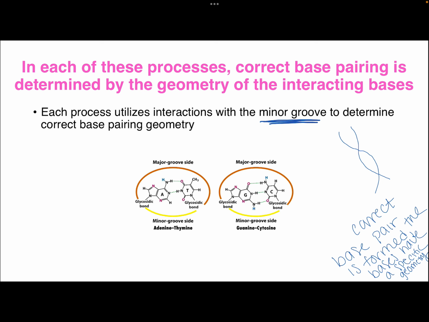What needs to happen is that these hydrogen bond acceptors I'm circling here have to end up in those exact positions. There's very specific positions that they have to be in order to have the proper interactions with the proteins involved in these processes. And this positioning is only possible with the correct base pairing.